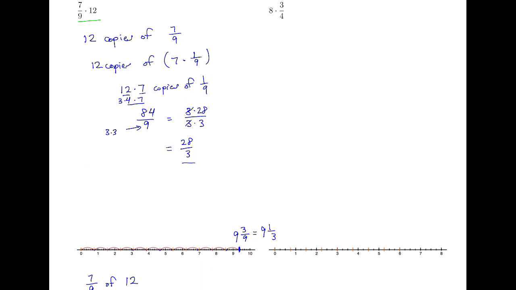So you can think of this as 8 copies of 3/4 or 3/4 of an 8. Okay. All right, so we're going to leave that.